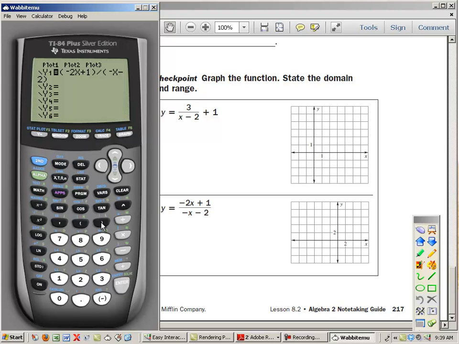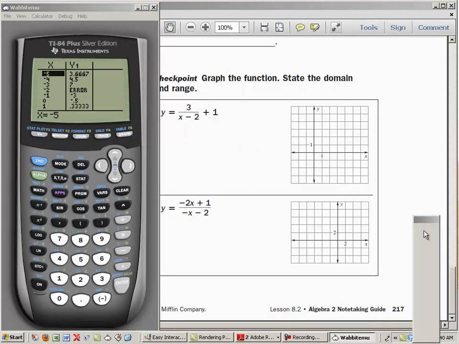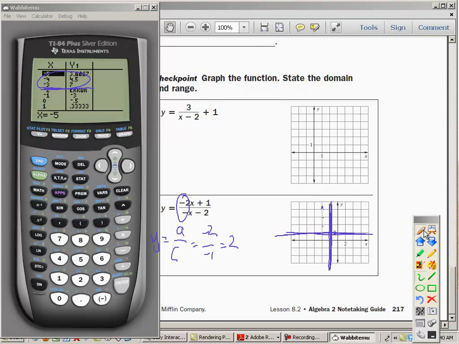Okay, so I'm not even going to bother looking at the graph right now. I'm just going to go ahead and look right at the table. All right. I know that I've got a vertical asymptote at negative 2, and so according to these values, when x equals negative 2, I've got a bit of an issue here. All right. So let's take a look then at some of these other values.